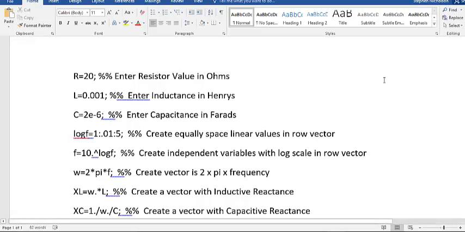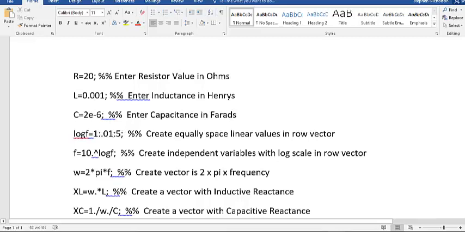The next command, what I'm doing is creating a range of frequencies. I did this because I found it in a book. I have a book on electrical engineering, and they said, here's a MATLAB program. I'm like, oh, that's cool. So I modified it. What this means is start at 1, increment in steps of 0.01 to 5.